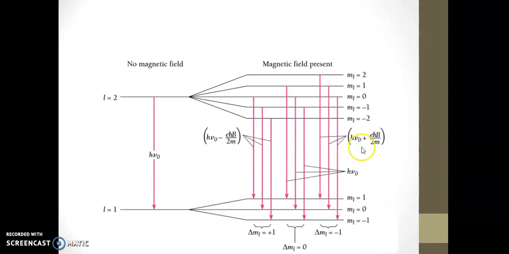We have already seen the transitions. They correspond to delta ml equal to plus 1, delta ml equal to 0, and delta ml equal to minus 1. Although there are many transitions, there are only 3 lines because of the selection rules.